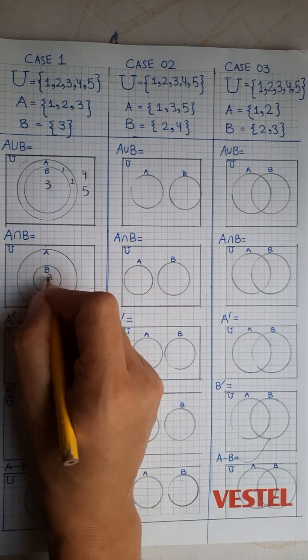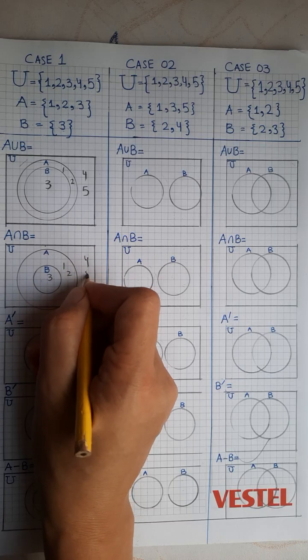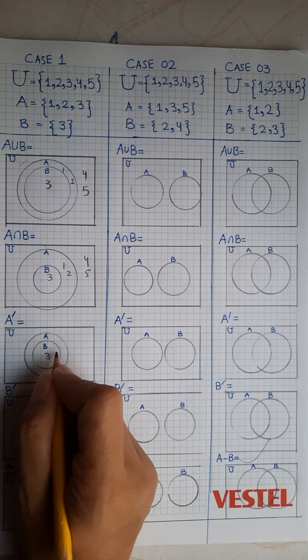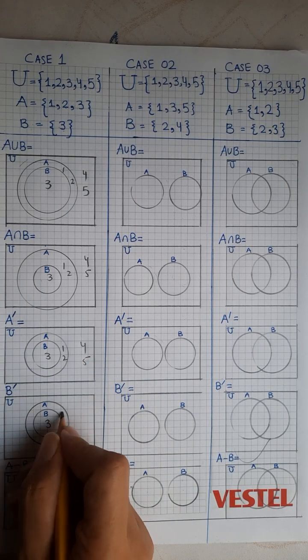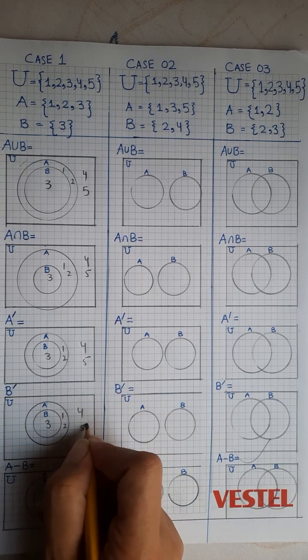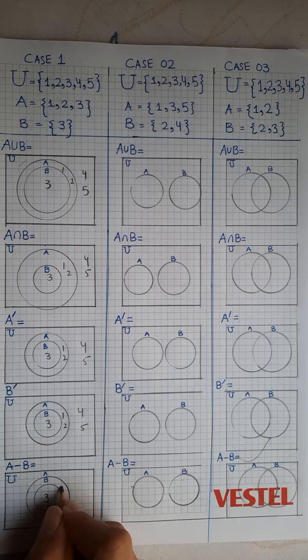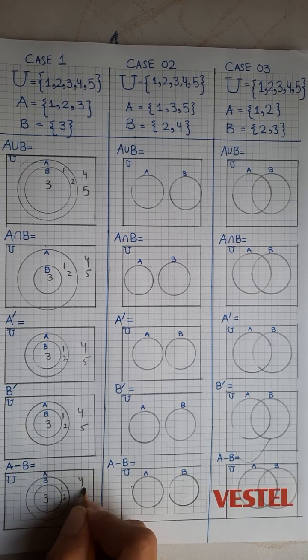In this case, I have 3, 1 2, and 4 5. Let's copy it everywhere: 3, 1 2, and 4 5, each time.